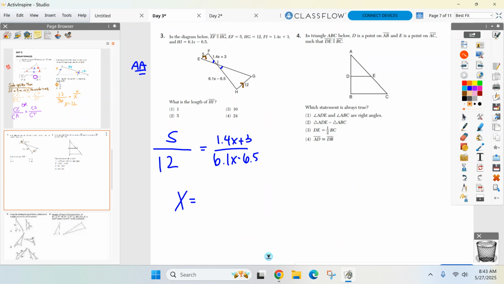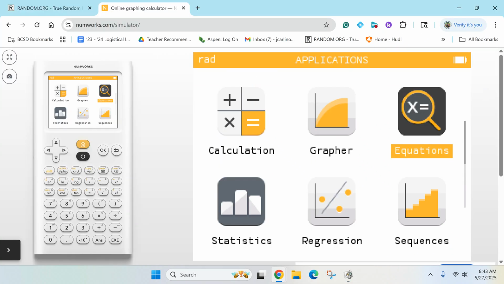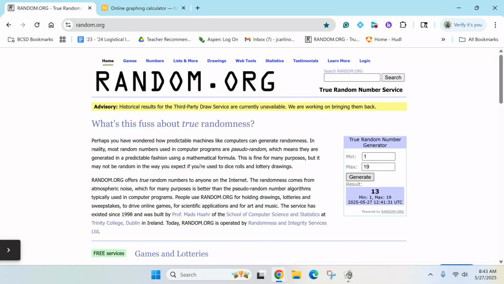All right, when you have it, let us all know. And then I'll show you a quick hack in case you were nervous about getting this one right.